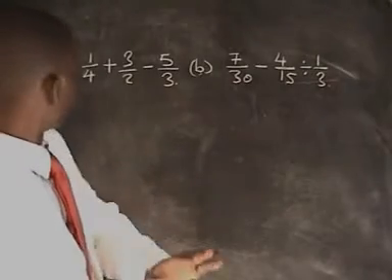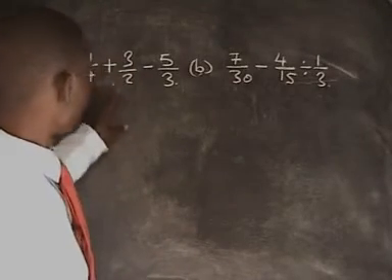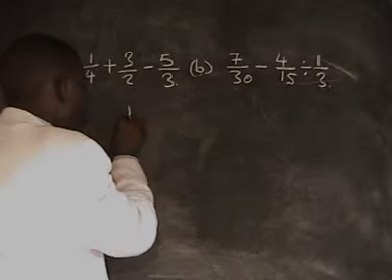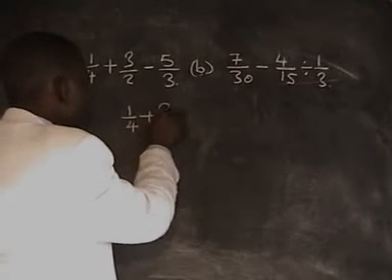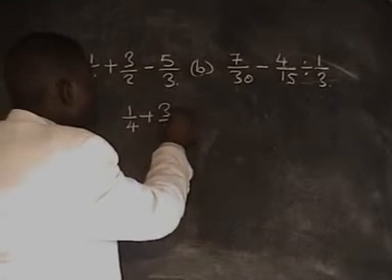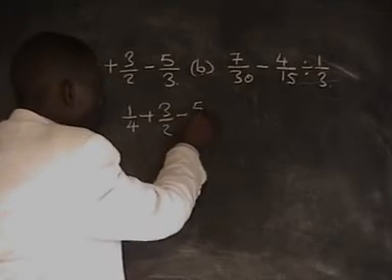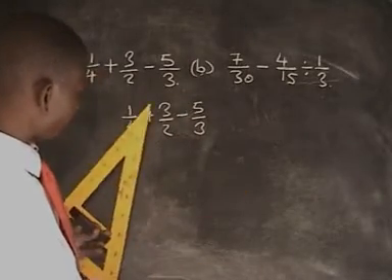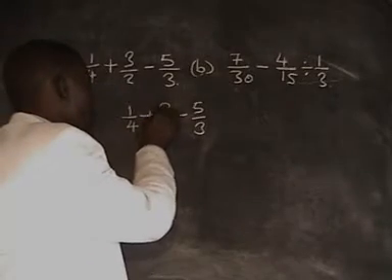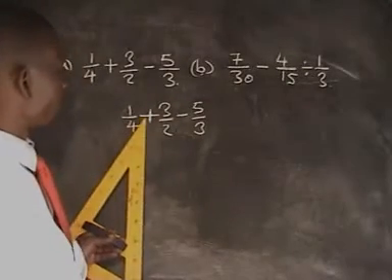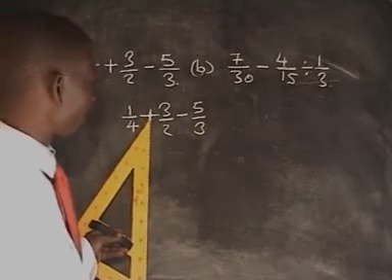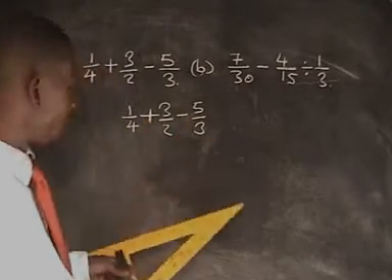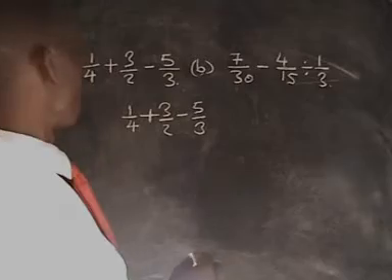So without wasting much of your time, if you look at the first problem, which is 1 over 4 plus 3 over 2, then minus 5 over 3, these are fractions, but what is important is that there are 2 operations used. There is a plus, which is the sign of addition, and there is a minus there. So you have to be very careful.